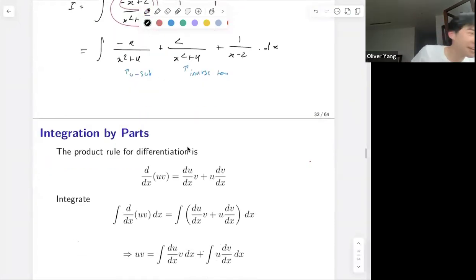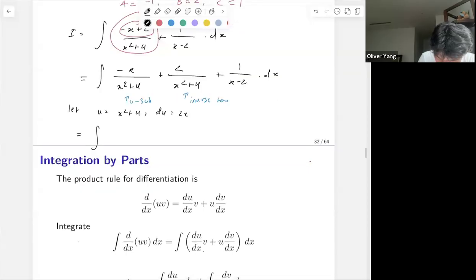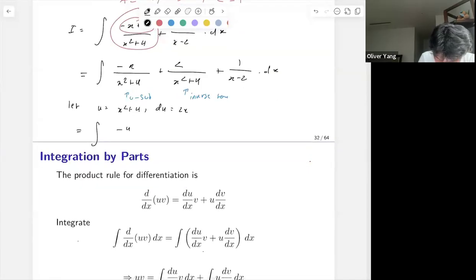All right. I'm just going to skip through it. So, actually, no, let's not be lazy. For the first one, let u equal x squared plus 4. du is 2x. So our integral becomes negative x over u, dot du over 2x.